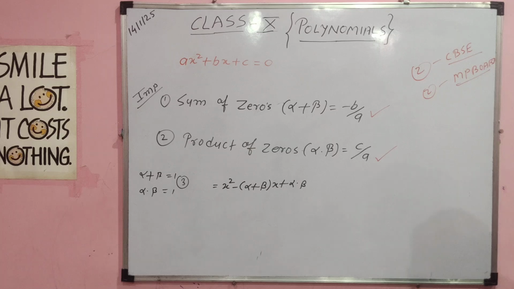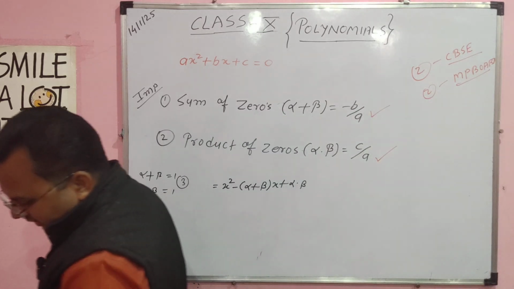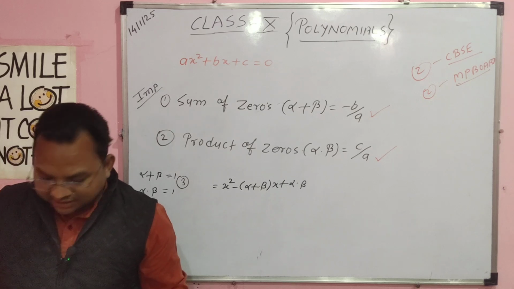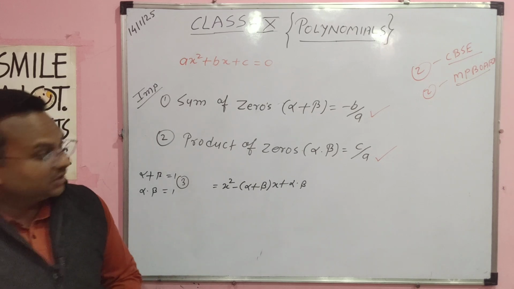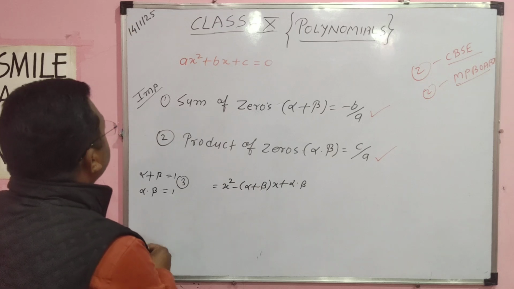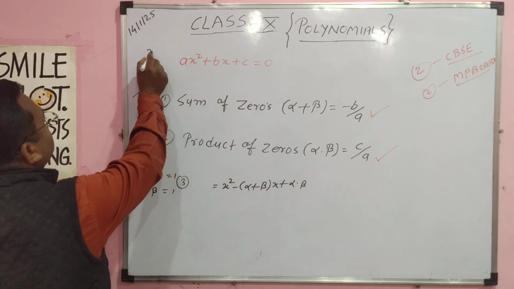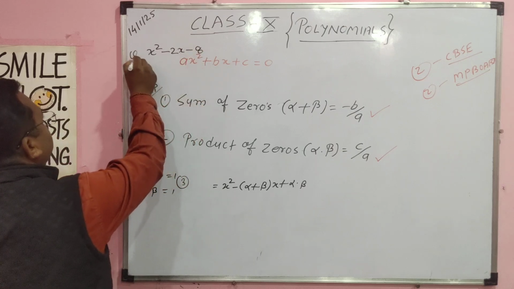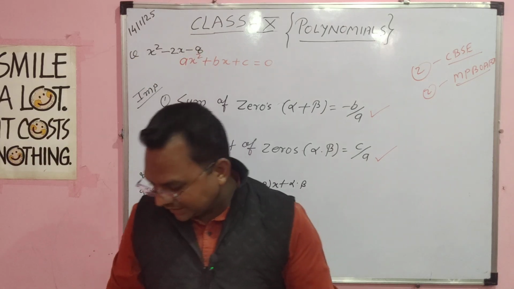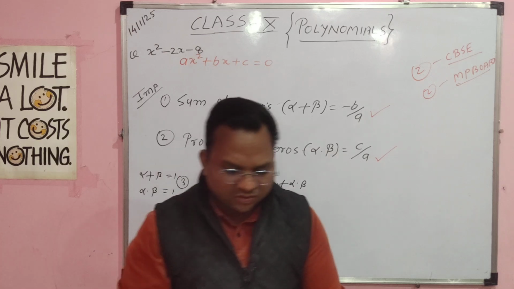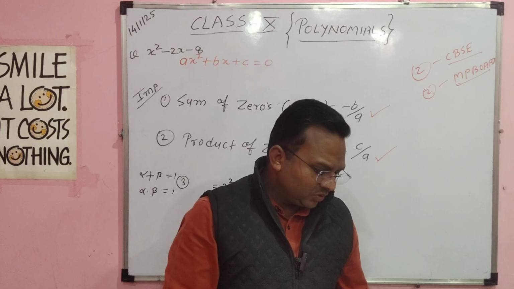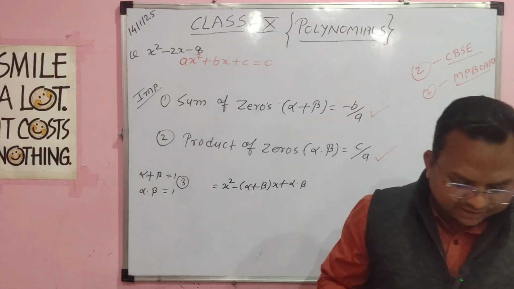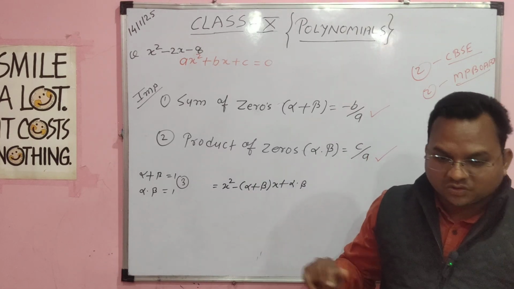So let us discuss the next question. The question is x square minus 2x minus 8. The question says, in your NCERT book or also the Modern ABC book, find the zeros of the following quadratic polynomials and verify the relationship between the zeros and the coefficients.